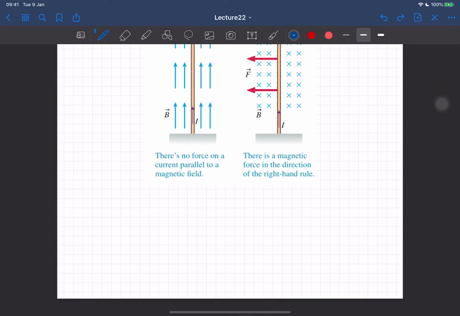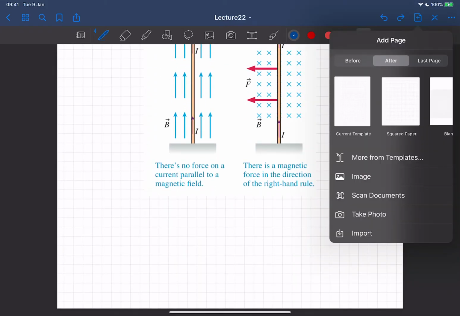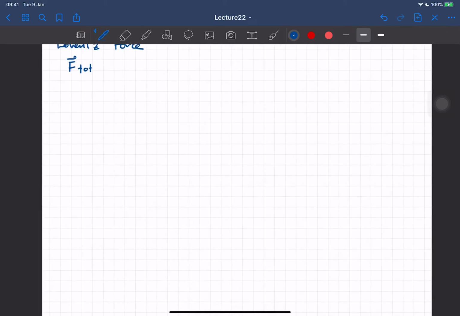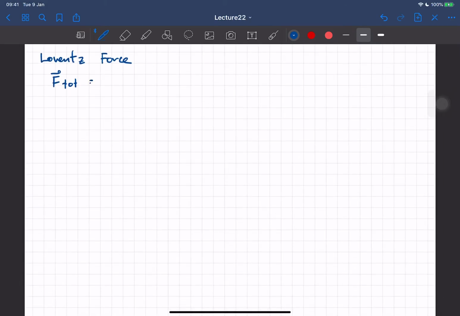So for today, I'm going to start with combining the two forces. Altogether, it's called the Lorentz force. So the total force will be a combination of electric force and magnetic force.